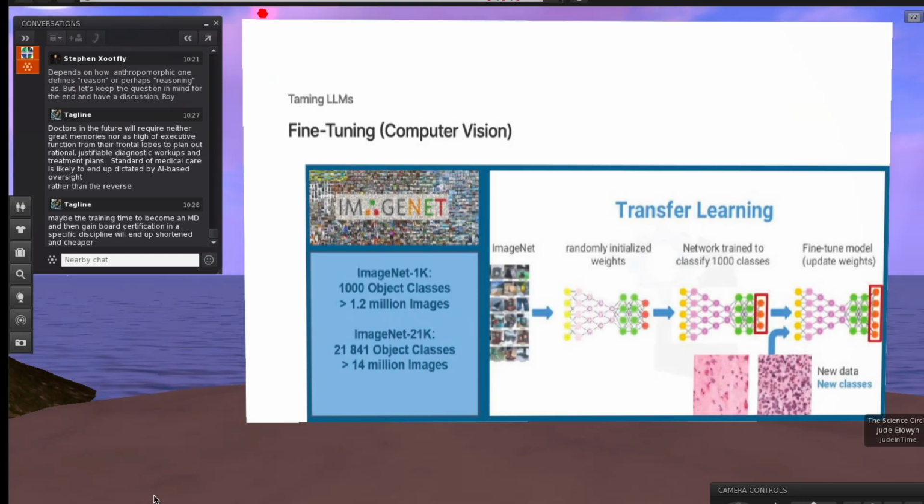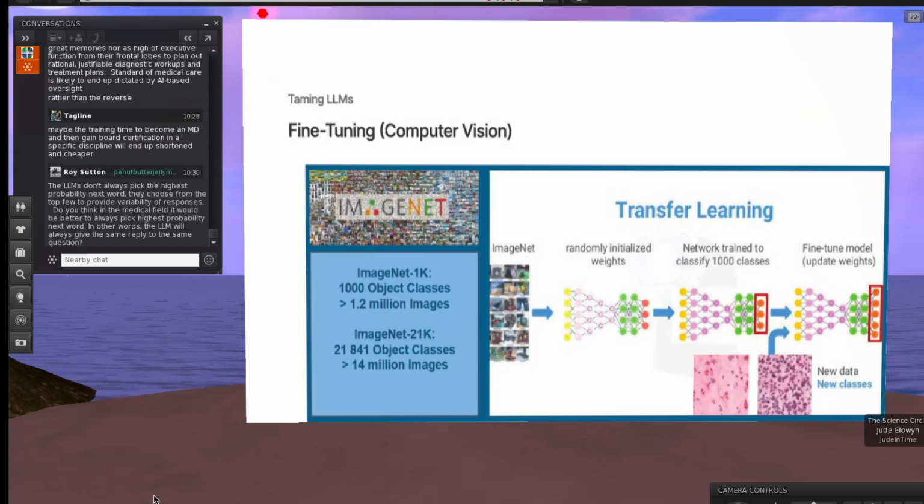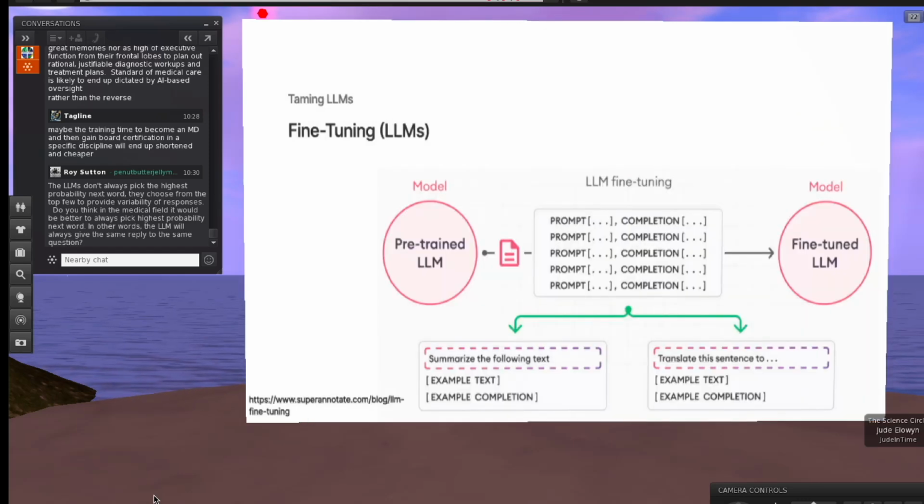This model may not have seen medical images yet, but you can retrain that model by having it look at medical images specific to your task. Maybe these are histopathology images in this case. So you can then thereafter fine-tune the model using those set of images. You don't need a very large data set, and it will still be capable of performing very well at the task. With the LLMs, it works the same way.